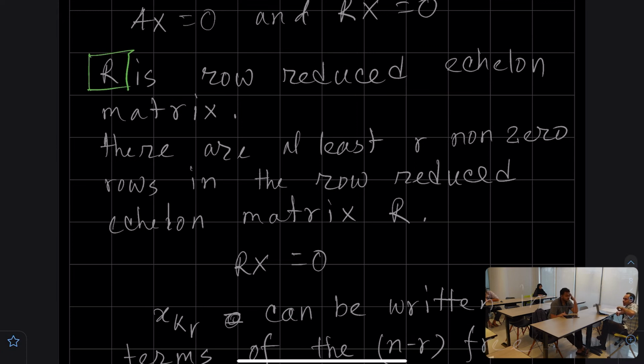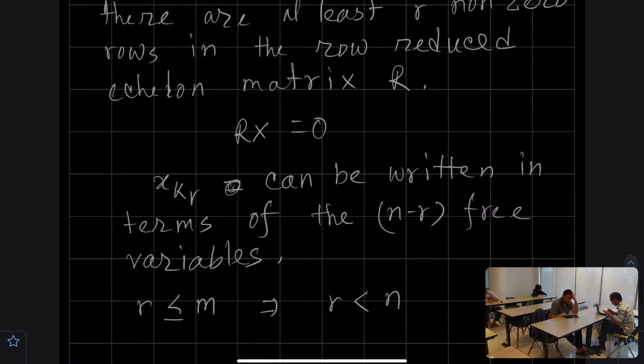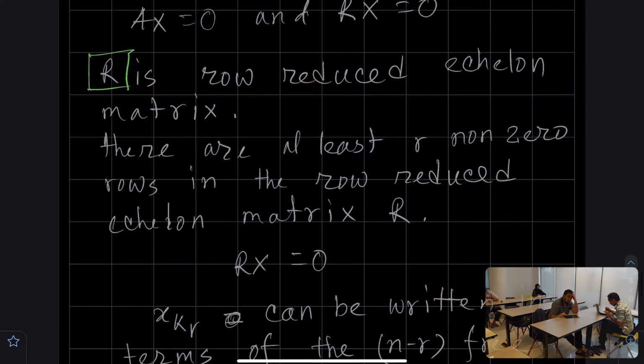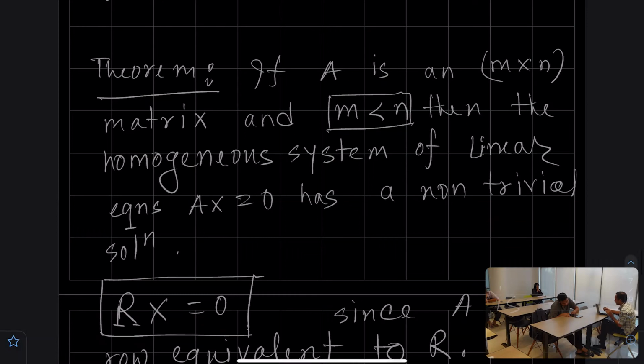That's why the small r is less than or equal to the number of rows of A, that is m. But in the theorem we state that m is less than n. That means r is less than n.